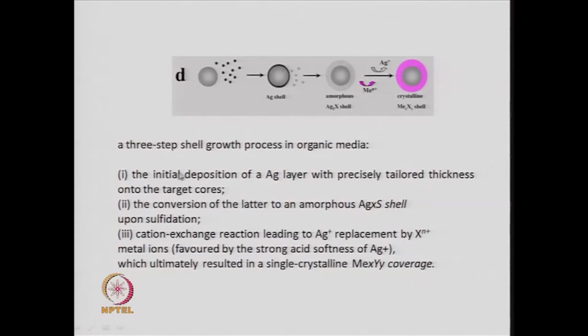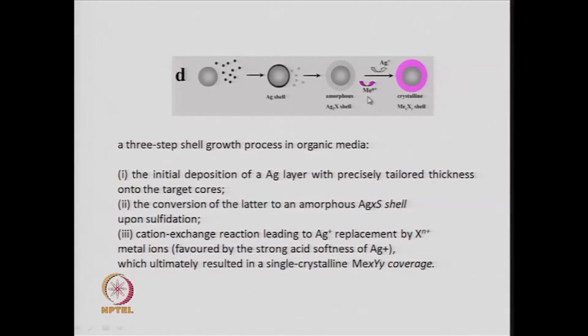Now, you can also have a 3-step shell growth process. For example, in an organic medium, here you are making a silver shell on a particle. You are adding some silver nitrate and then making this shell on top, which is initially amorphous, and you add some other alkylating agent.